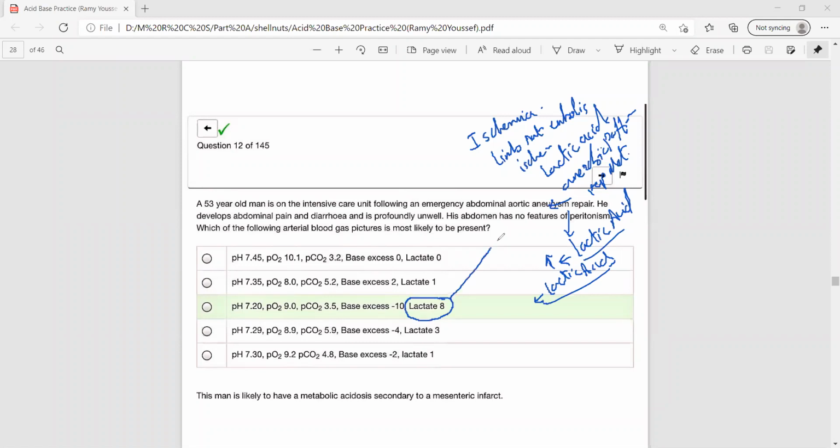Why do I know lactate is high? Because the patient has an abdominal aortic aneurysm, and one of the most common complications of abdominal aortic aneurysm is occlusion of an artery to some organ. I have the aorta, and I put the graft here, and I have many vessels going to the genitalia. The patient can have impotence.